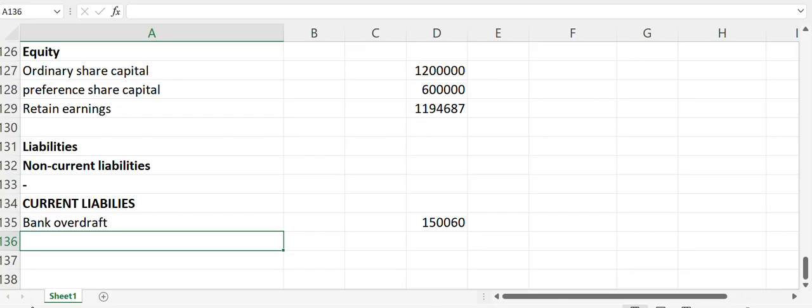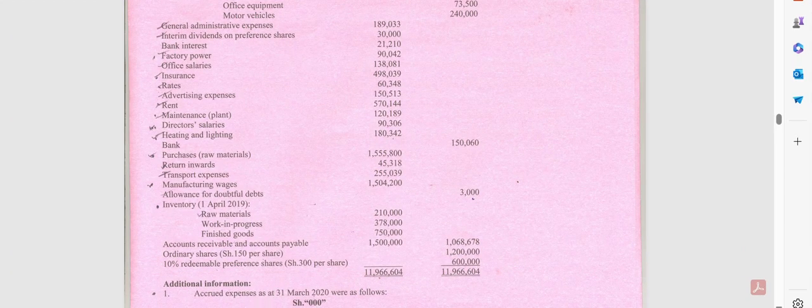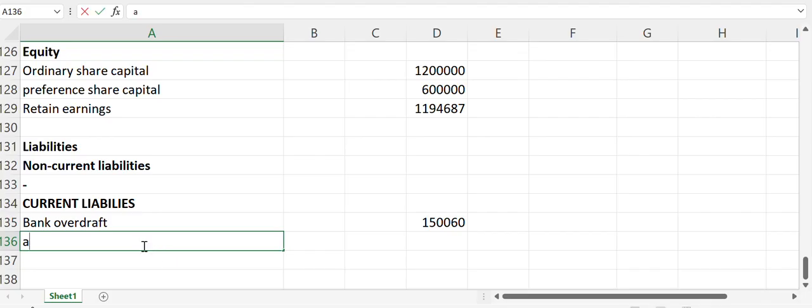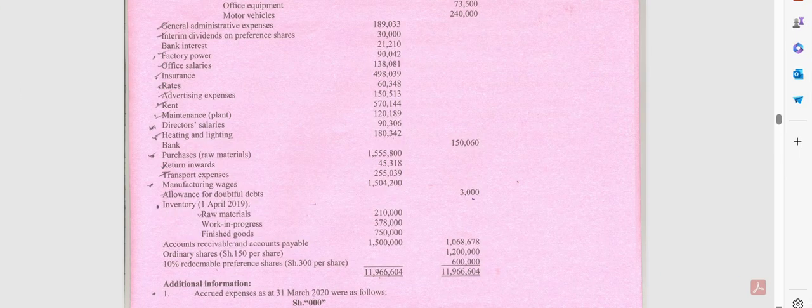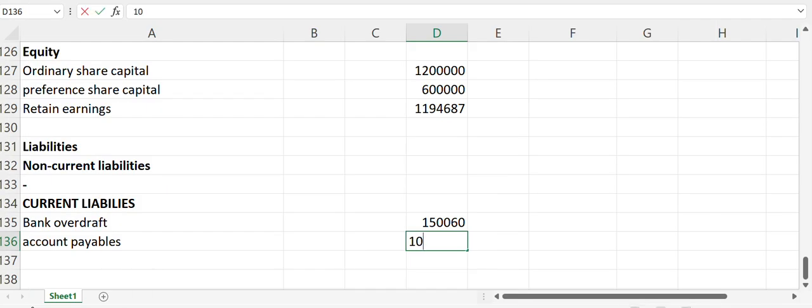The other item is account payables. So account payables 1068, then 678.